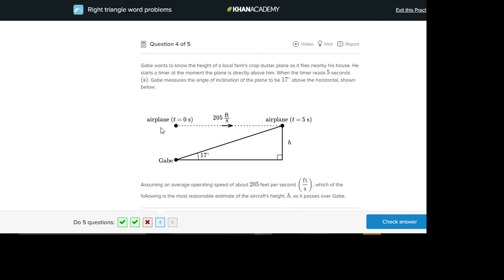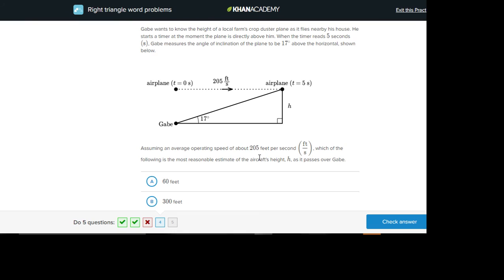That's the what side of the triangle? Adjacent. And what side are you looking for? The opposite. So what do you have to do to the number that you were just about to click and say was right?